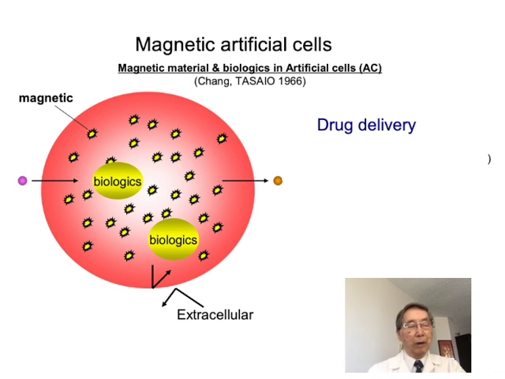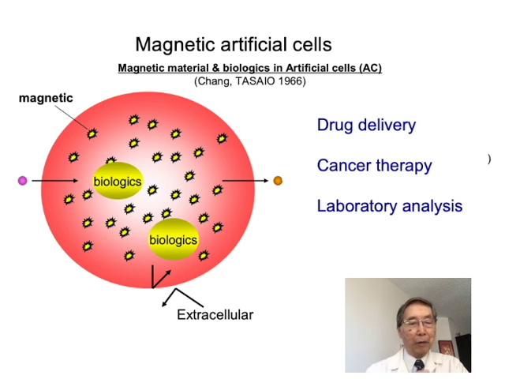Another way in drug delivery that was initially proposed is to put magnetic material inside artificial cells together with the biological material. This way, it is now being used for drug delivery, in cancer therapy, in laboratory analysis, and in bioreactors.